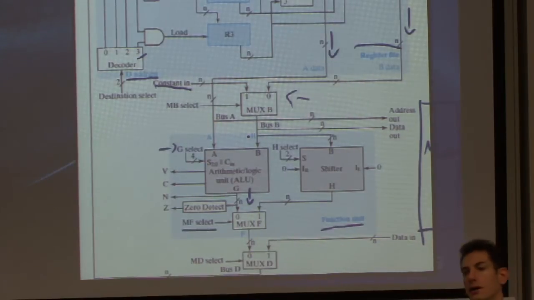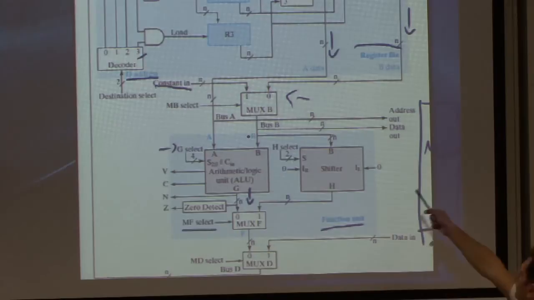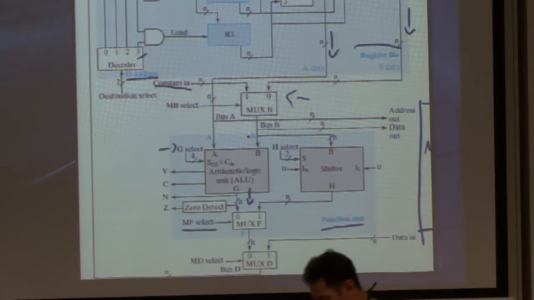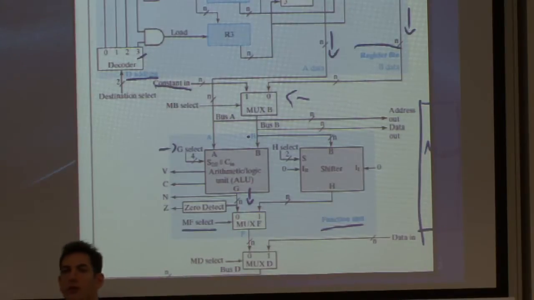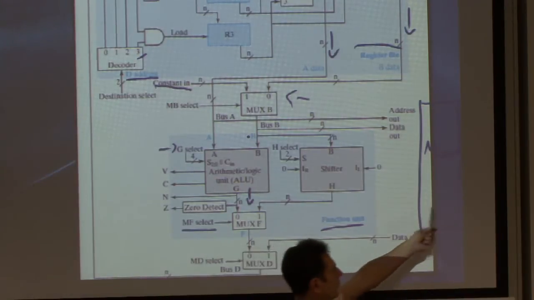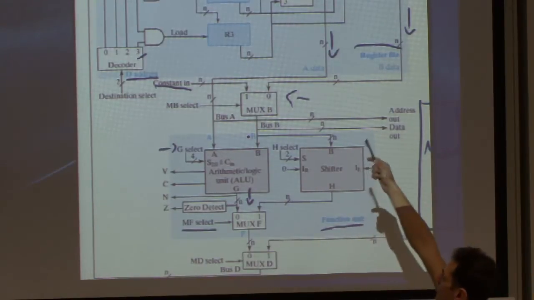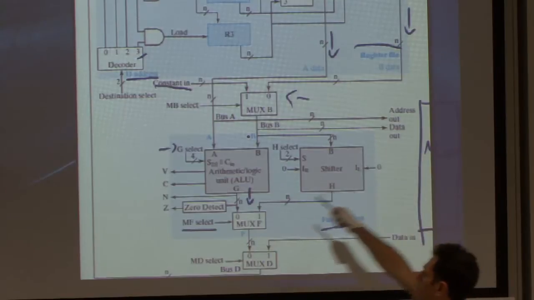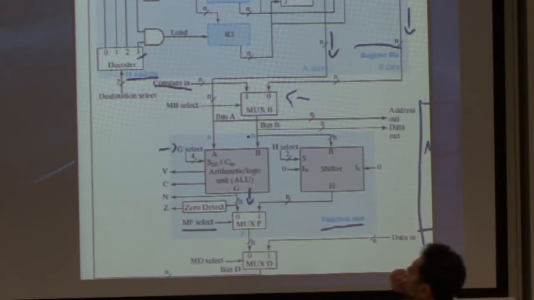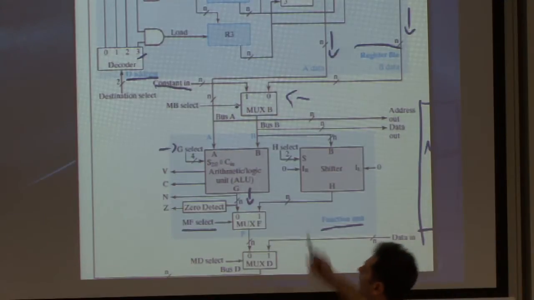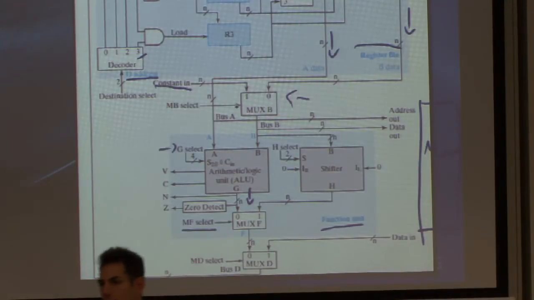Now the reason why both the address out and data out are actually connected to my A and B lines is because usually I will have the address that I want to store to in the memory already in one of my registers there. So I will just load it on the A bus. As for the B bus, for what I want to write into memory, I can either choose to write a constant if I bring this from here, or I can choose to write a value that I had in the register.